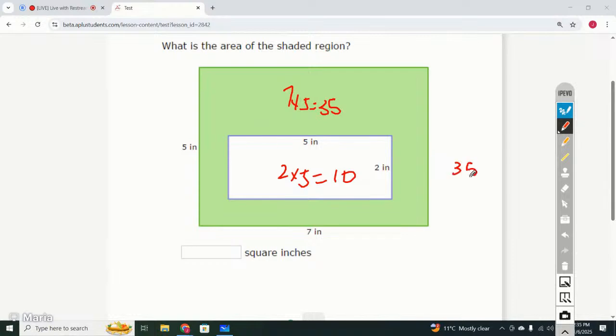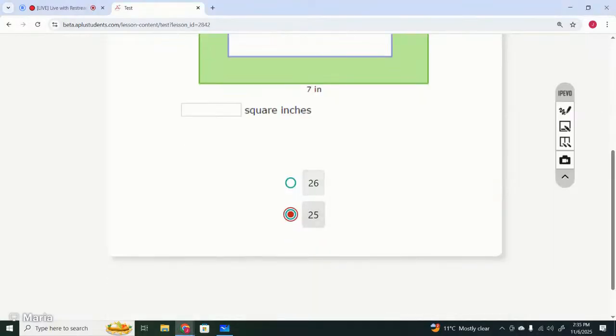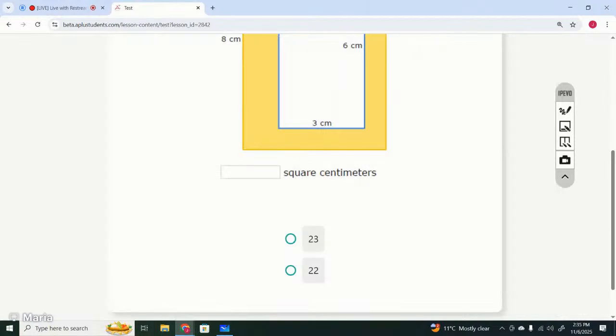So the difference between the area of the outer square and smaller square equals 35 minus 10 is 25. Option number 2 is the correct option.